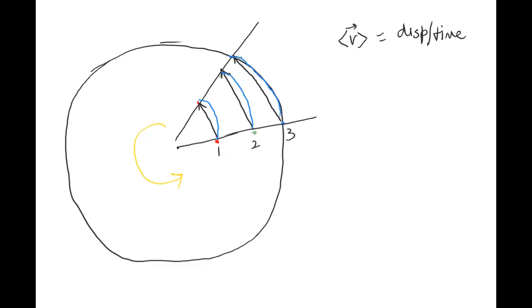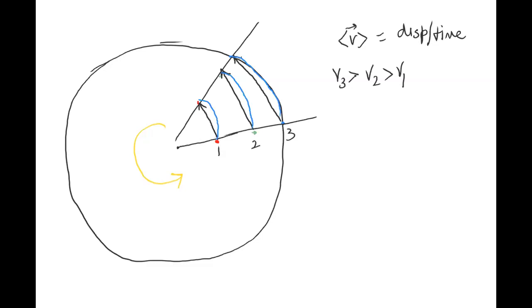Yes, exactly, Shiva. Very good. Yes, Aryan. So V3 will be greater than V2, which will be greater than V1. Despite the fact that the three particles are on the same object, they have completely different average velocities.